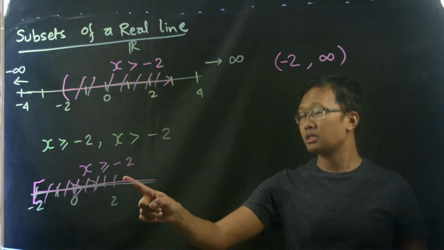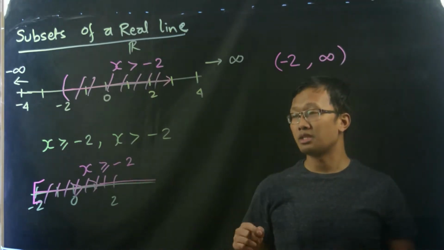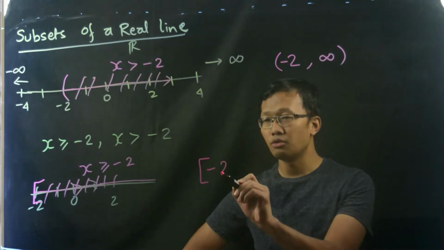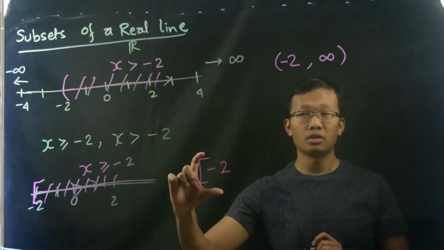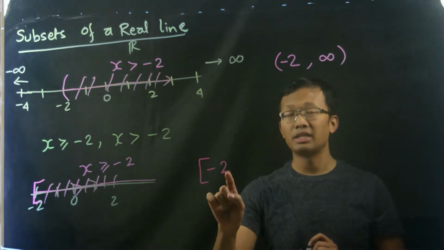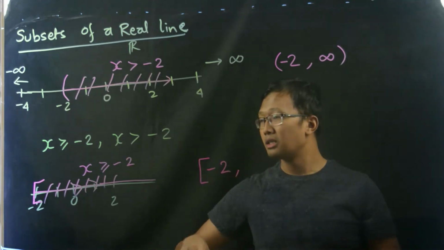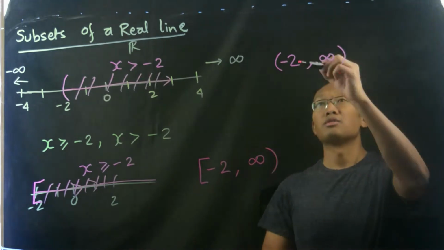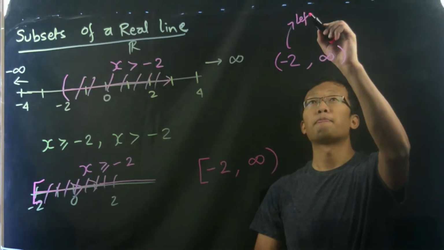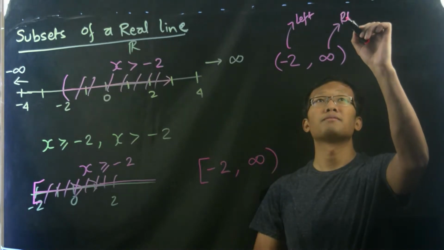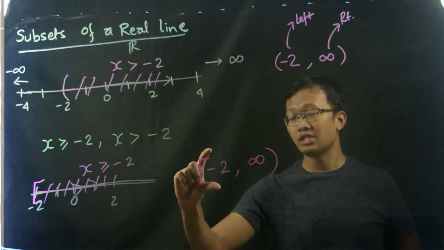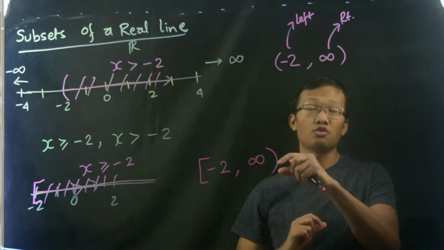For this situation, the appropriate subset of the real line would include -2. The square bracket means that we need to include -2, and the right endpoint goes to infinity. So this is the left endpoint and this is the right endpoint. Both are open in this situation. Here the left is closed, the right is open.